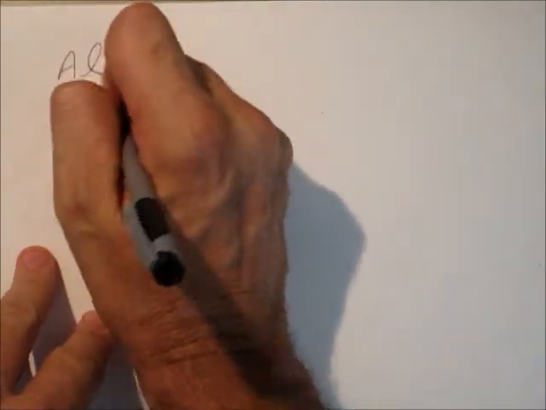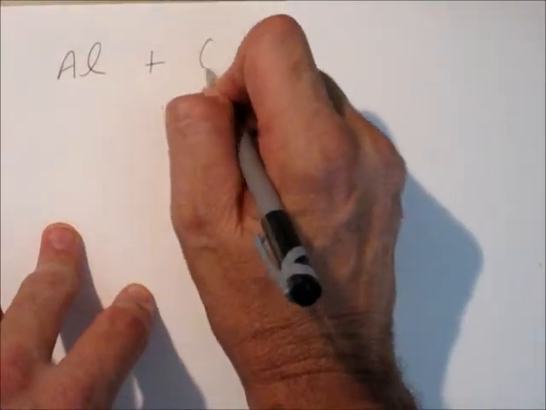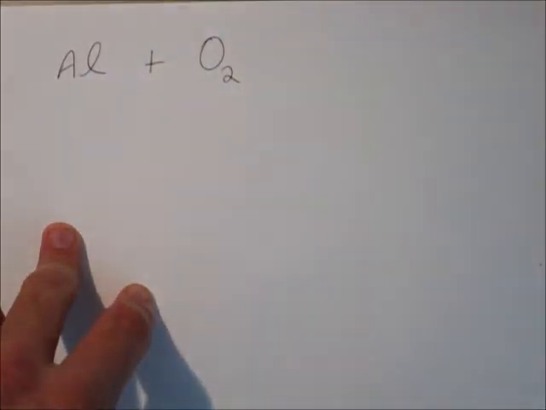The example I'm giving is the one where aluminium actually burns or oxidizes in the presence of atmospheric oxygen. That's the elemental symbol for aluminium. Because it's a metal, you simply write it as Al. And of course, it's reacting with oxygen, that's O2.